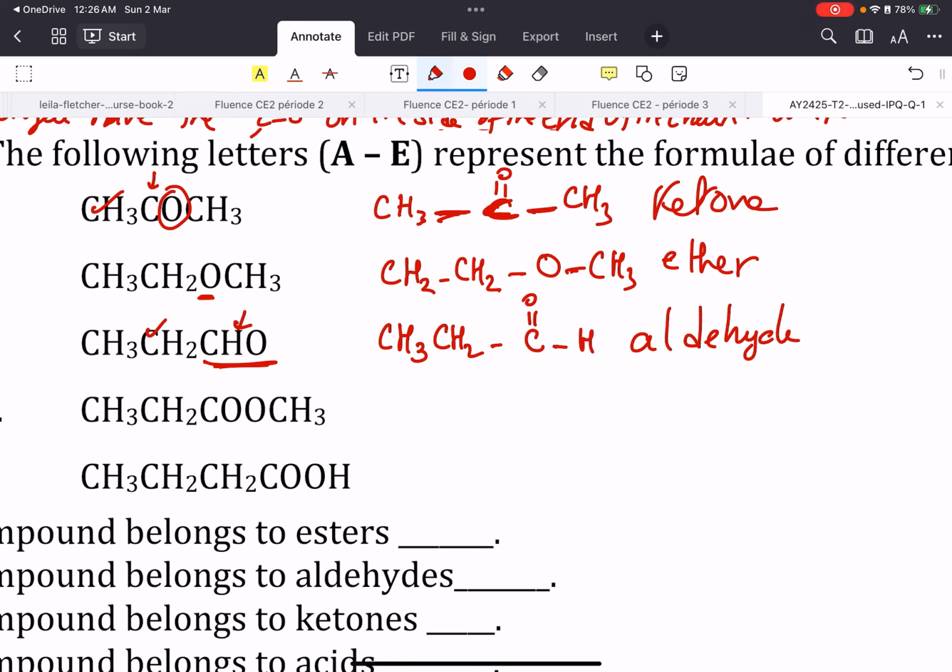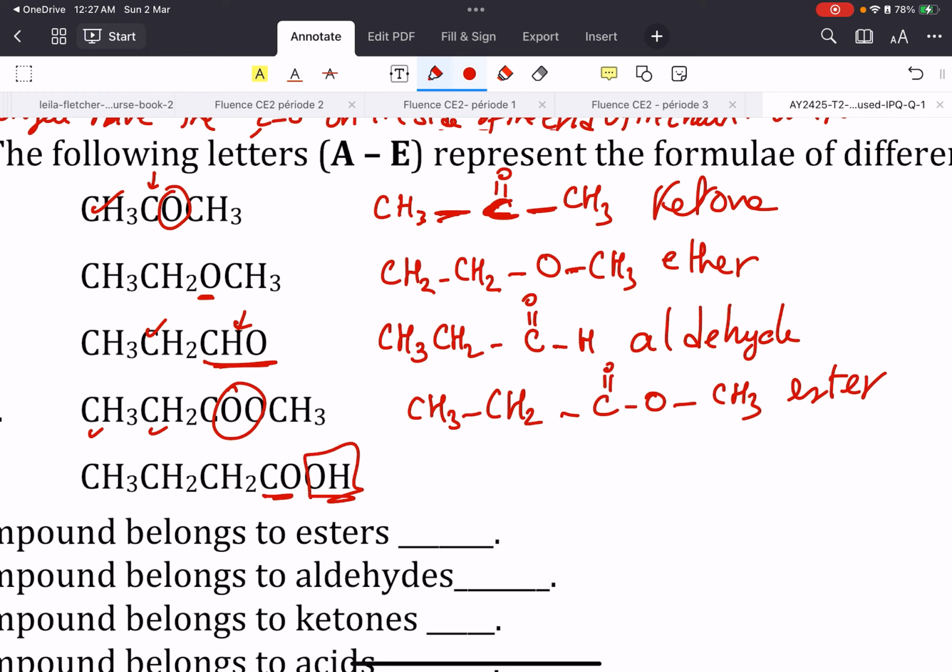And last, CH3, CH2. And I have a C, OO, it means that one is a double bond O and the other one continues with a chain. That's an ester. And the last one, you see I have an OH and a double bond O over here.